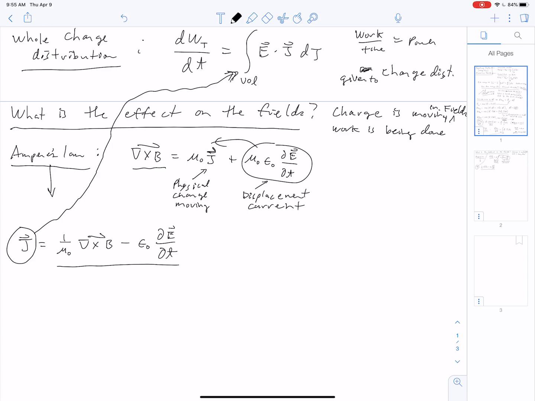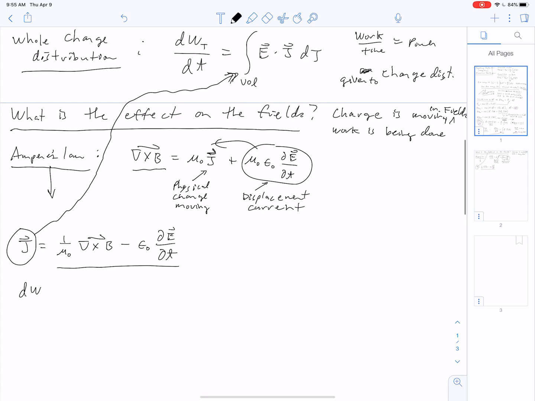Now the math gets a little more complicated, because the power being given to the charge as it moves is equal to the integral over the charge density of E dot J, but now I'm going to rewrite J as 1 over mu naught del cross B minus epsilon naught dE/dt.